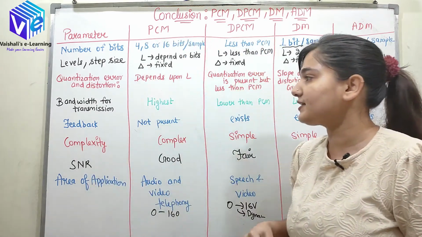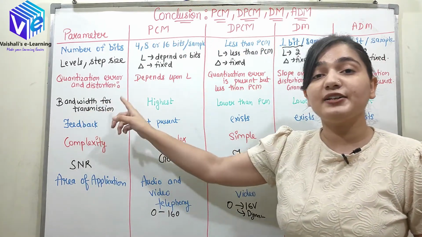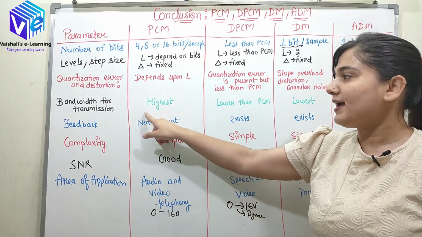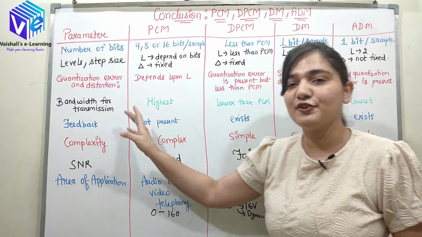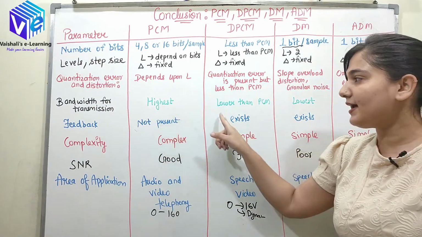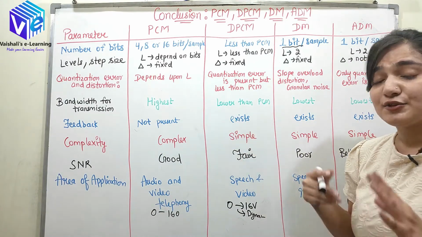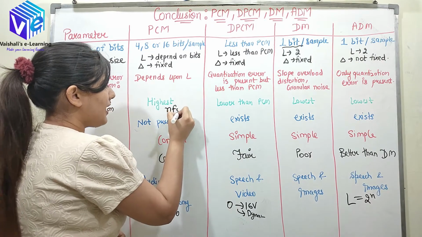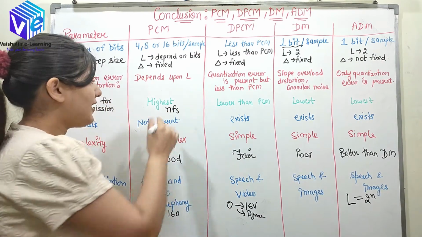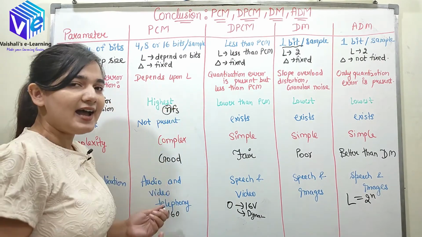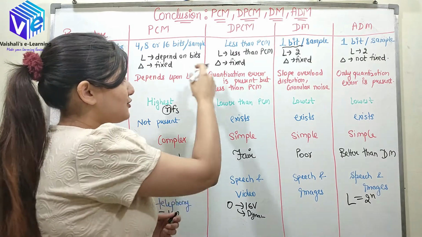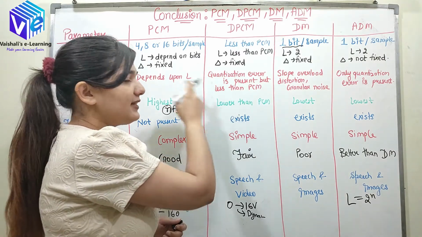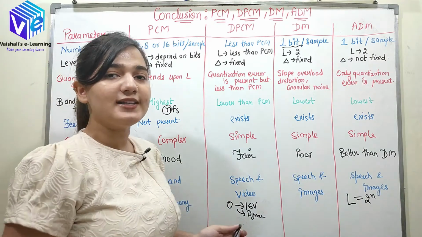So now coming to the next parameter, which is bandwidth for transmission. So here the bandwidth for the transmission would be highest. Now here it would be lower than PCM. So why is it so? If I talk about the bandwidth, it is equal to N Fs. So here the number of bits were highest, so bandwidth would be highest. Here the number of bits were lower than PCM, so bandwidth would be lower than PCM.